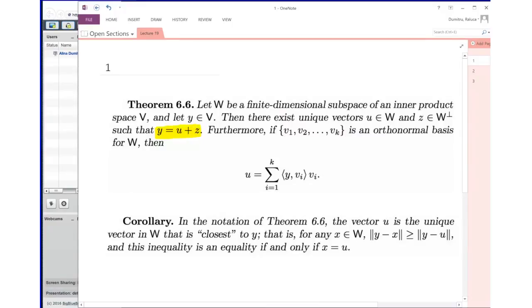So the last thing that we proved last time was about this idea of splitting a vector y of an inner product space V into a unique sum between a vector u in a finite dimensional subspace W of V and a vector z, which is in the orthogonal complement of W. And more than that, here is the way in which the vector u could be found.